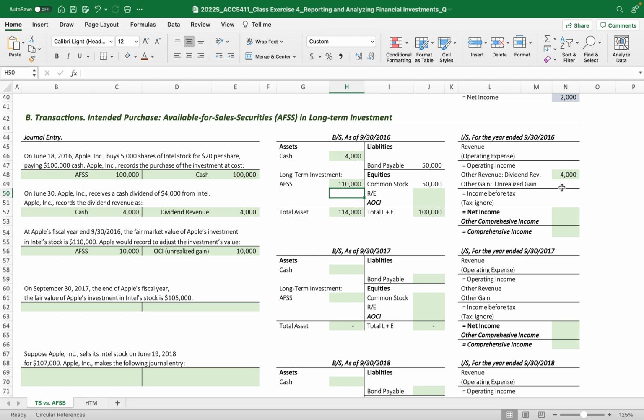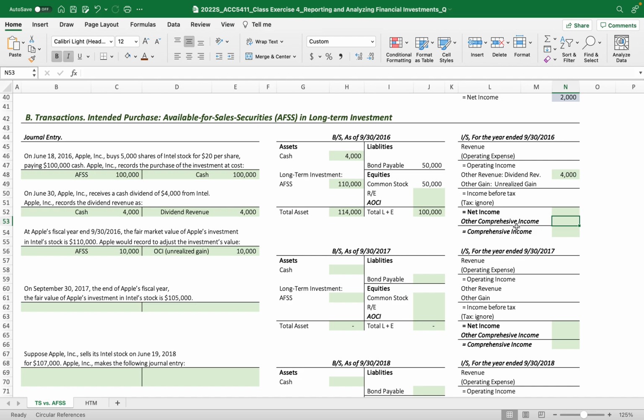We do not put this gain here in the net income, right? Instead, after net income, we don't want to count this unrealized gain as the net income and then retained earnings because it is uncertain. It can be like short-term income or long-term income.